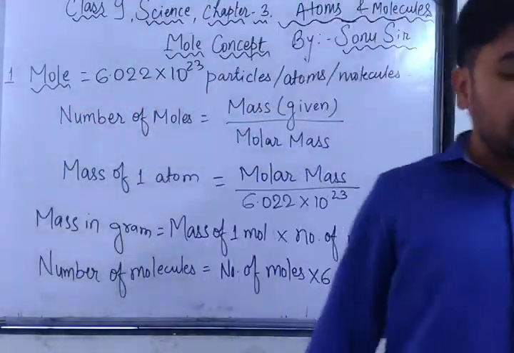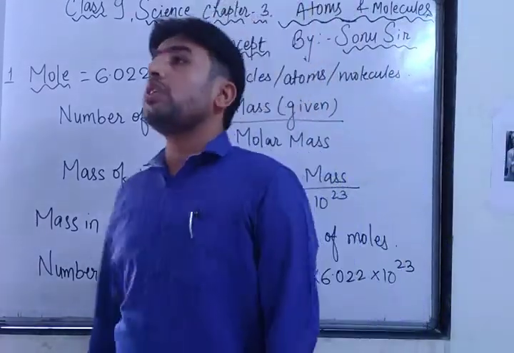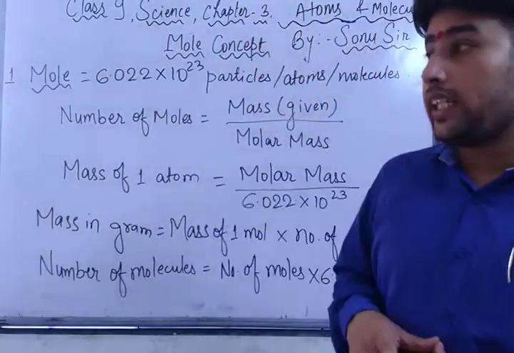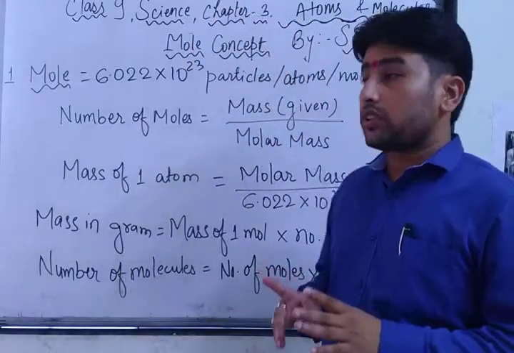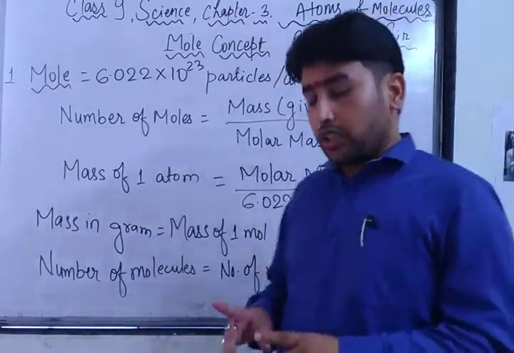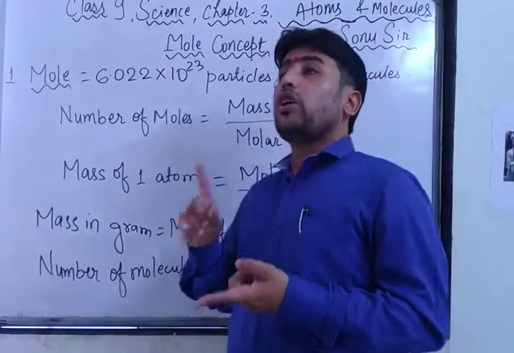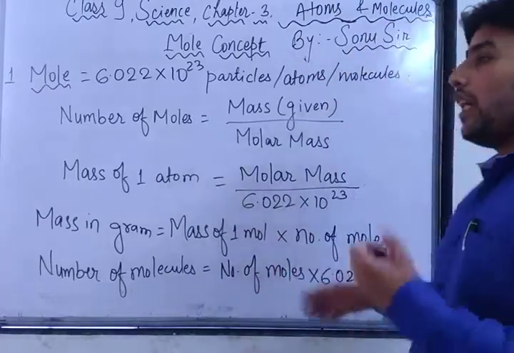Now, suppose I inform you to learn all the elements, their atomic number and mass number, especially from 1 to 30. It is the job of all 9th standard students to learn the element names, atomic numbers and mass numbers from 1 to 30.